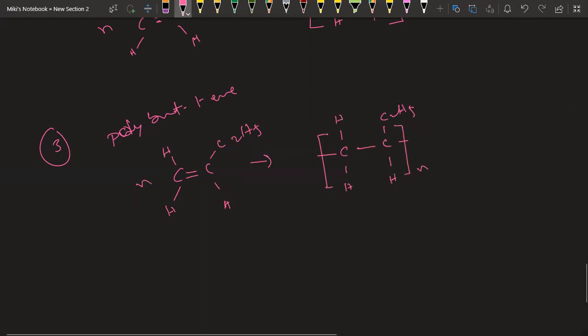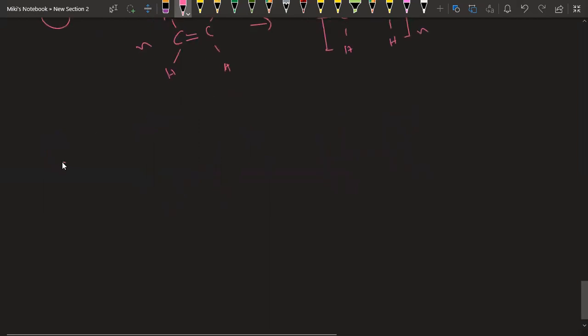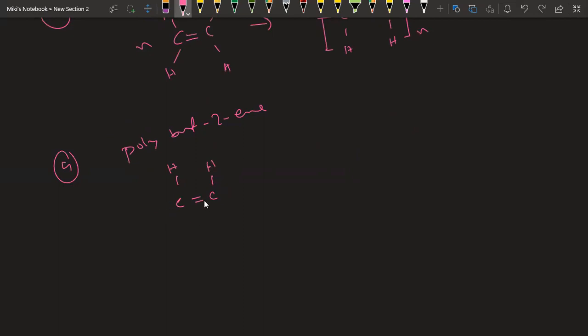This was but-1-ene. What about but-2-ene? So but-2-ene would be poly-but-2-ene. We have hydrogen, and how does but-2-ene look? We have seen that the double bond is between the second and third carbon. So we have a CH2 towards the left and a CH2 towards the right.